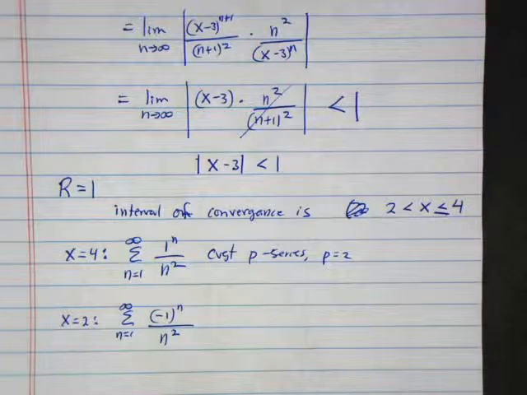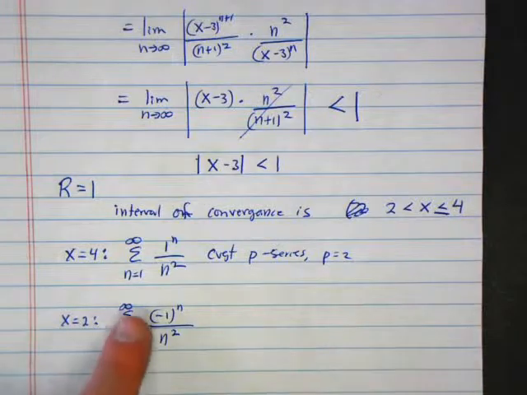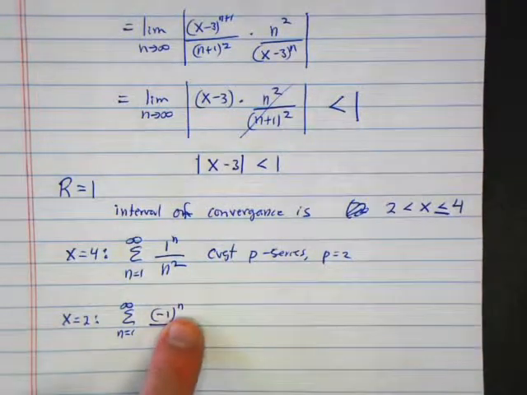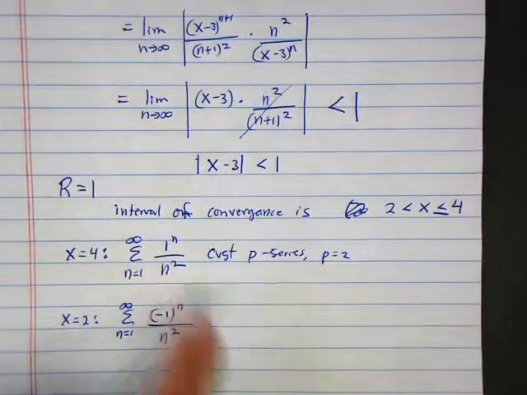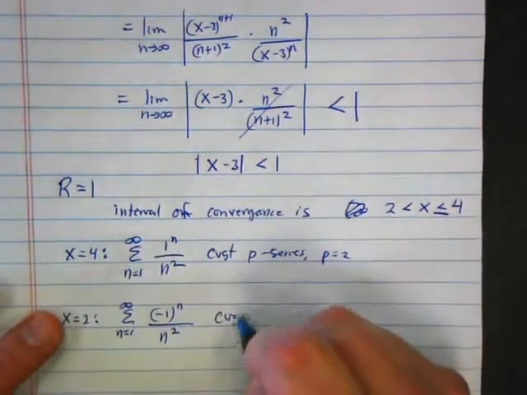Alternating series test. Limit up at 0. And there's 2 parts to the alternating series test. It's decreasing. You could use the alternating series test to prove that that one converges. Or you could just put absolute values on it and prove that it's absolutely convergent also, because it's the same p-series that we had a minute ago. So this one is also convergent.